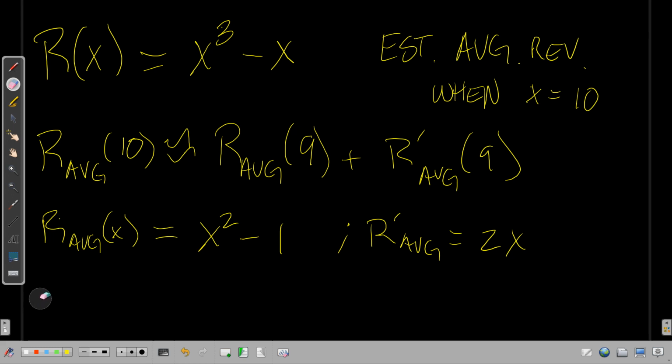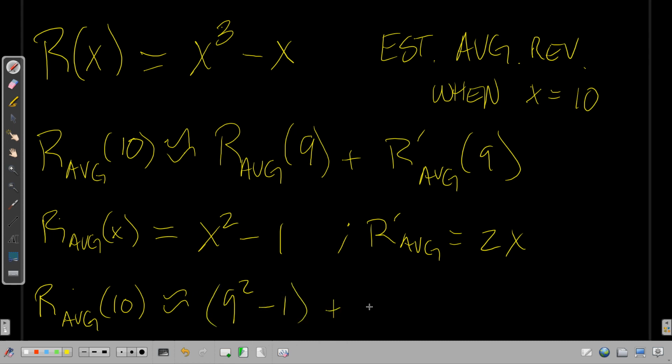So then, the estimate of the average revenue for 10 units would be nine squared minus 1 plus 2 times 9.